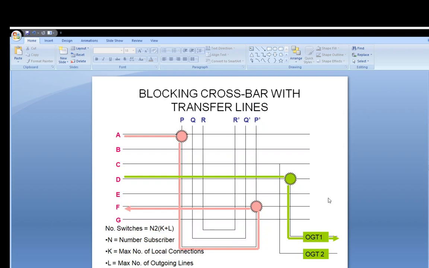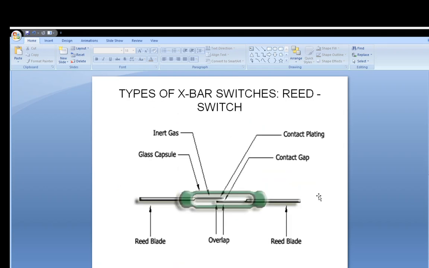To remove this problem, a new type of switch came into the picture, called the reed switching technique, reed blade based switching technique. The concept is very simple but very effective.